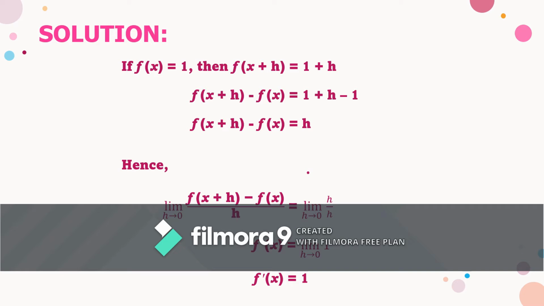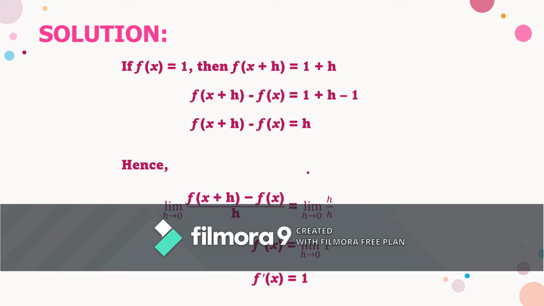As we subtract the given function of x, we also subtract the value of the given on the right side of the equation. On the right, since we have 1 plus h minus 1, 1 minus 1 here is 0. So what is left is h.